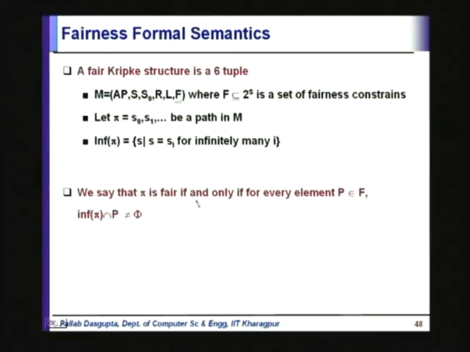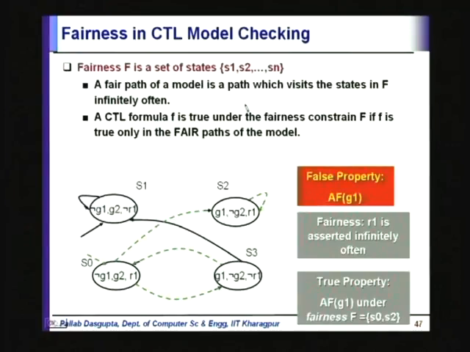Now, we say that pi is fair if and only if for every element P belonging to F, INF pi intersection P is not equal to empty. Now, see that one fairness constraint is a set of states. See, if you go back here, what was this fairness constraint, that R1 is asserted infinitely often?